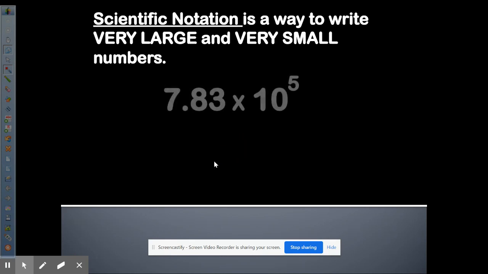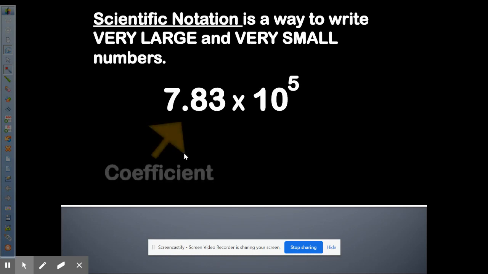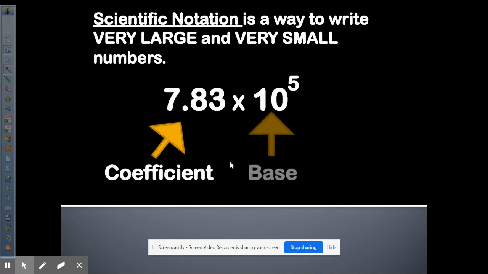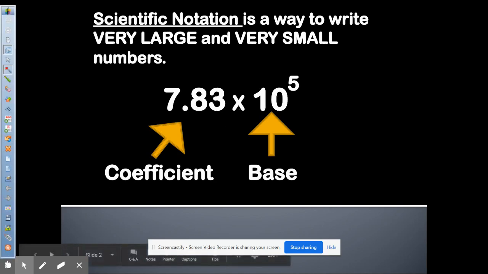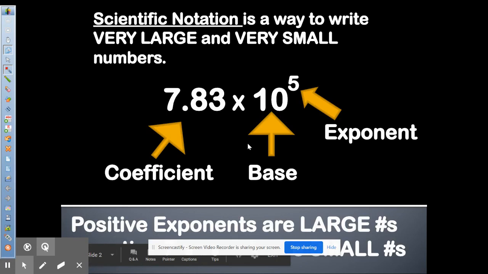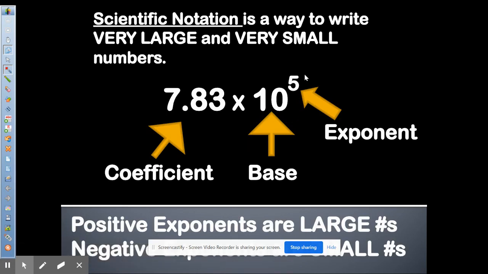And let's move on. So this is an example of a number written in scientific notation, 7.83 times 10 to the fifth. And there's different parts to these numbers. There's the coefficient, that is the number in front. You have your base, which is a times 10. So every single number in scientific notation is always going to be times 10. And this is your exponent.